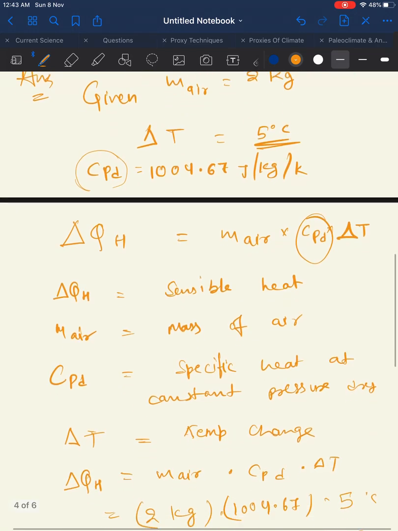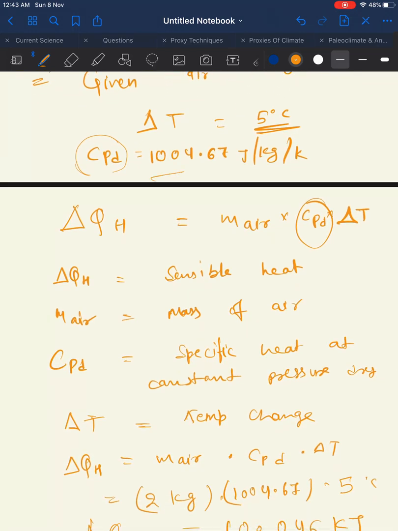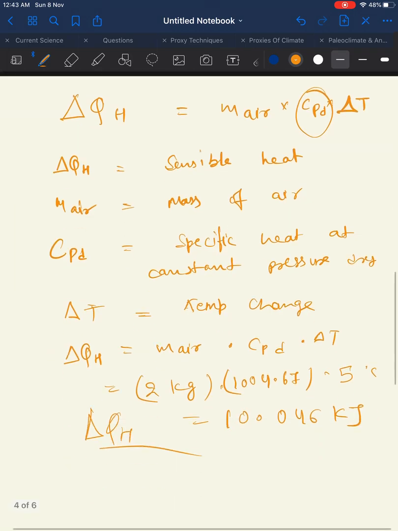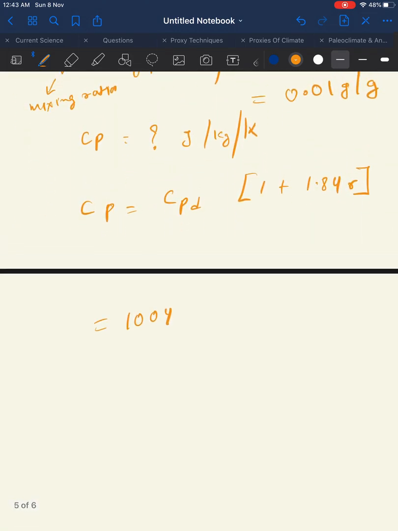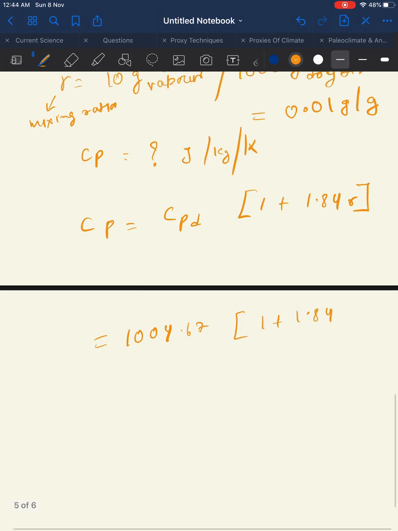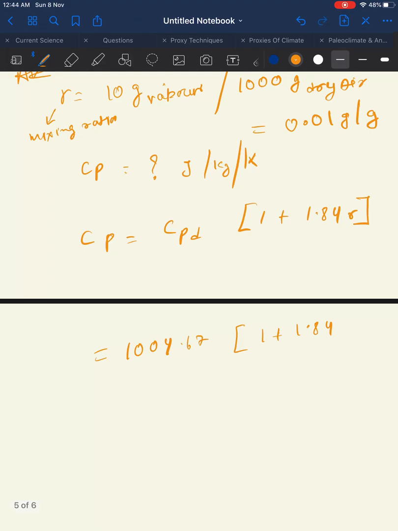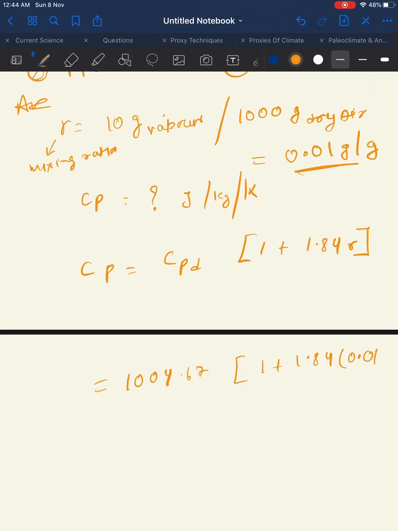Remember, specific heat at a constant pressure, and it is equal to 1004.67. Okay, so we'll use this value 1004.67 and multiply with 1 plus 1.84, which is already given, and the mixing ratio according to this question is 0.01. See, it is over here.